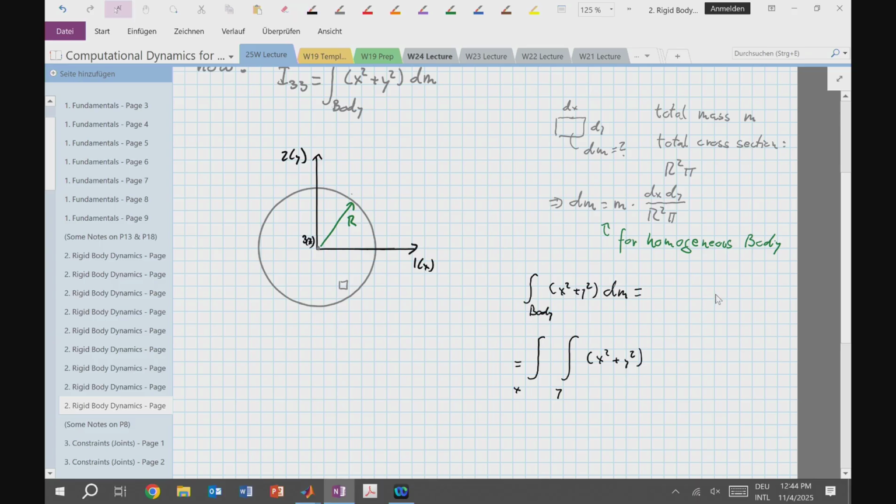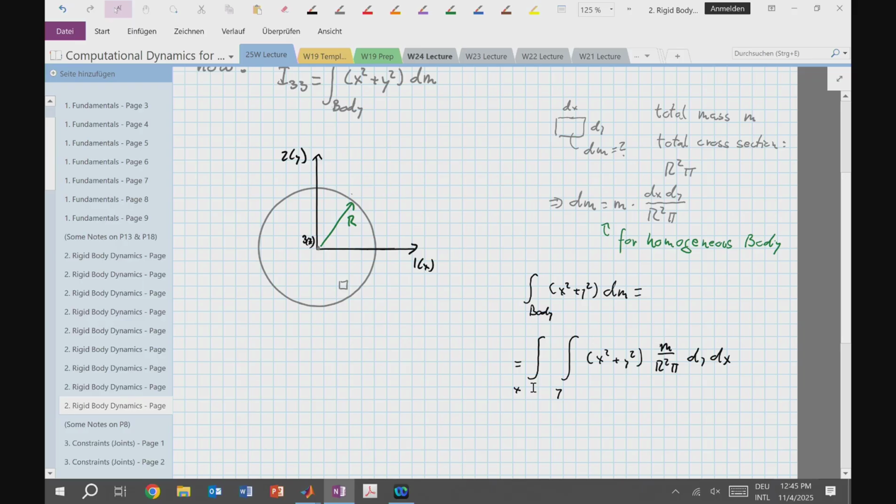That's still x squared plus y squared. But now I use this expression here to replace my dm. So my small m is m over r squared pi times dy dx. And we see that I translated this integral over mass and the body into a double integral over x and y, over my geometry.